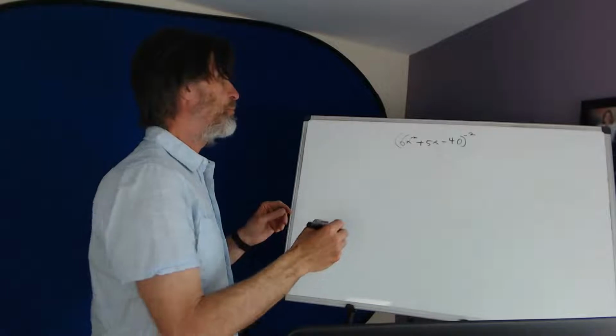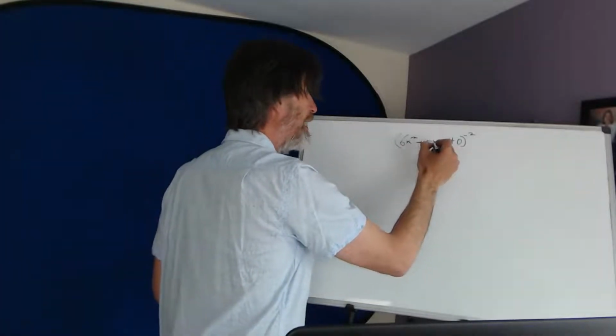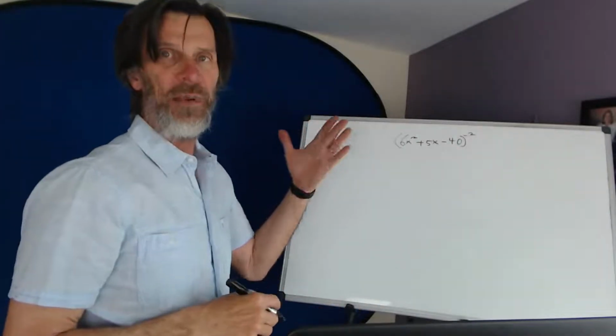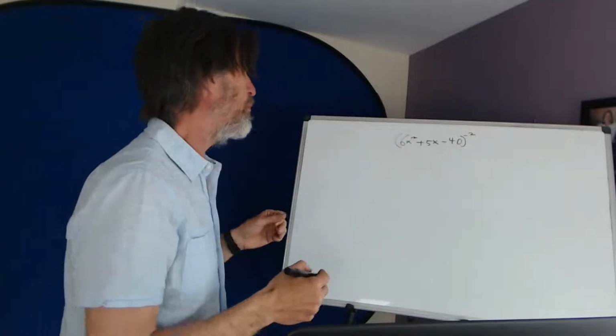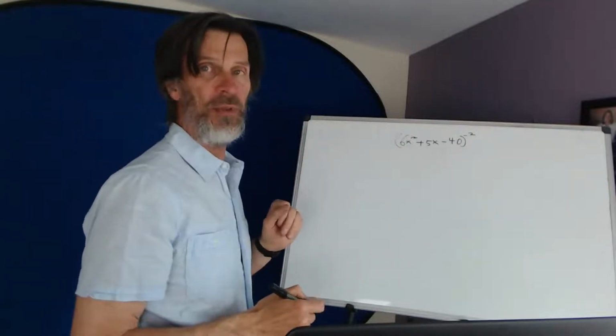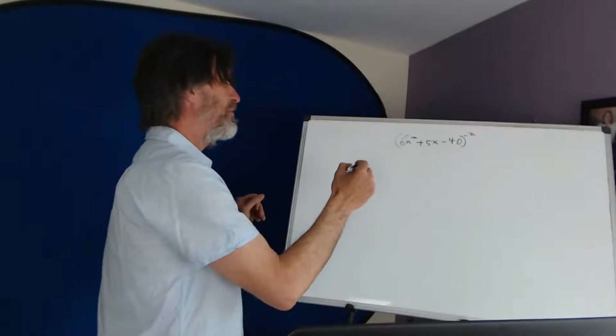Now I'm going to use what's known as the modified power rule. The modified power rule follows the power rule. You bring the power down, you reduce the power by 1, but then you also must multiply by the derivative of the inside function.